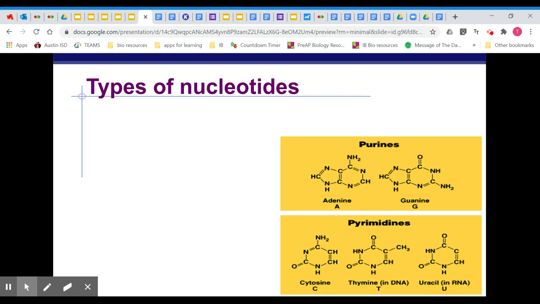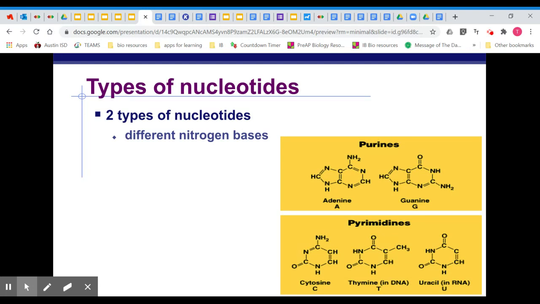There's different classes or types of nucleotides. You have your purines and you have your pyrimidines. Those are your different nitrogen bases. So you have A, T, G, C, and then U, which is found only in RNA. T is found only in DNA. The purines are your A and G, and you'll notice those have a double ring.